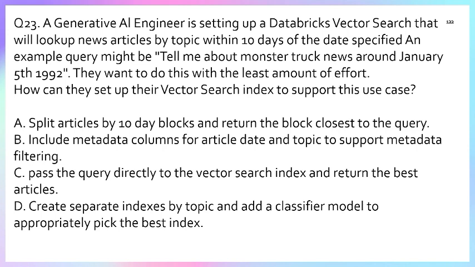So the article date and topic are the way to filter metadata, and you can directly filter your search results based on these criteria. This allows you to narrow down the articles to only those relevant to the specific topic within the 10 day window around the given date. Correct answer is option B.